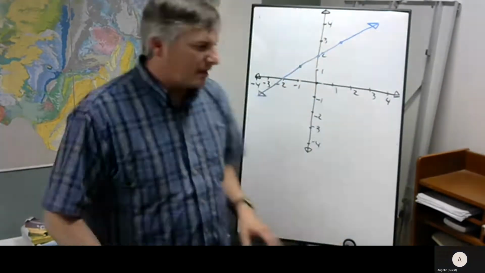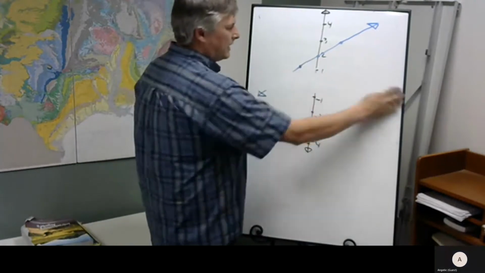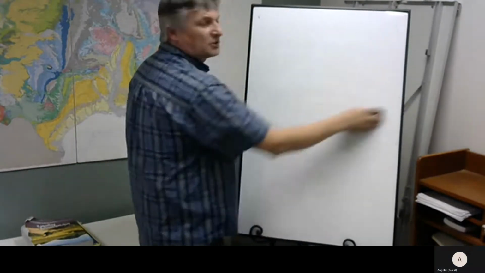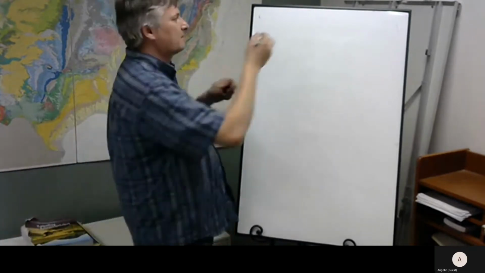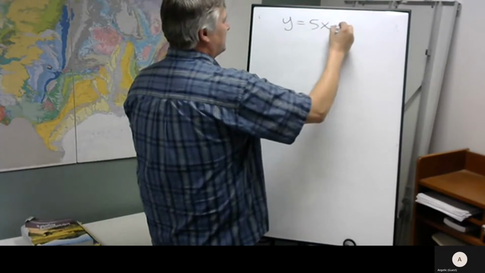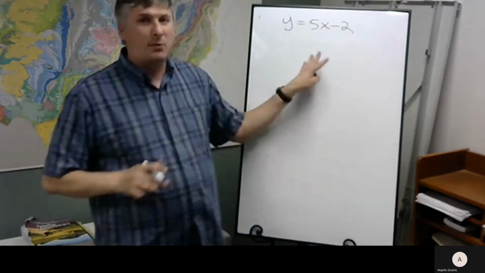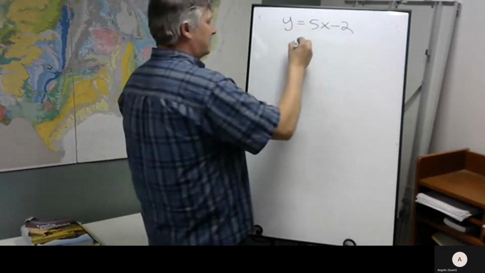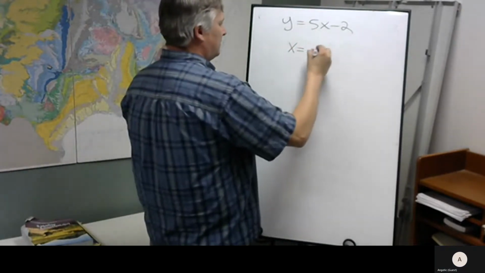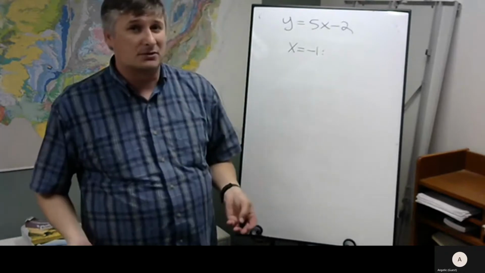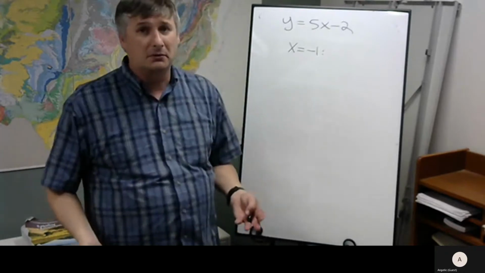It was just an example of one of the questions that was on the homework assignment, and the one they had was y equals 5x minus 2. Totally different from the one I did on the board. For that, what I did is I let x be -1. They actually didn't give me x coordinates to start with. I just had to come up with them on my own.